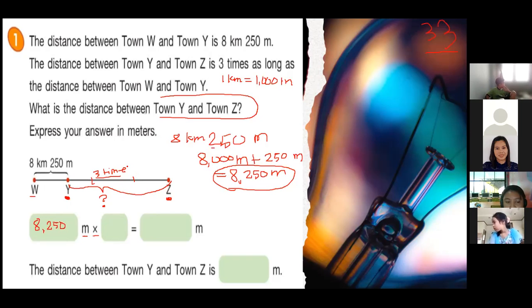Who can answer? Times by? 3. Okay, times by 3. Remember? That is 3 times. Here, 3 times. I write here, 3 times as long. So, 8,250 meter times 3 is equals to, what will be the answer?